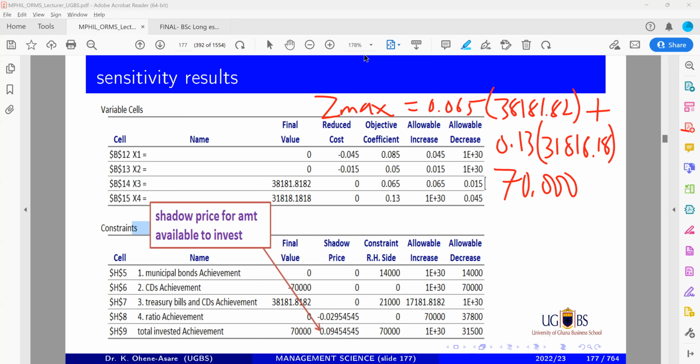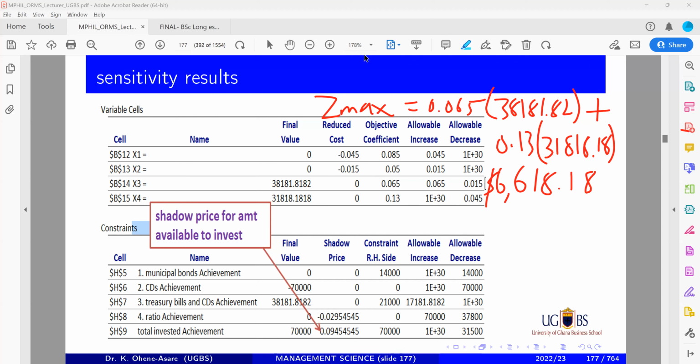It is 6,618. Oh, okay, sorry. $6,618.18. Okay, so that's the amount you get when you multiply. Yes. Fantastic. Thank you.